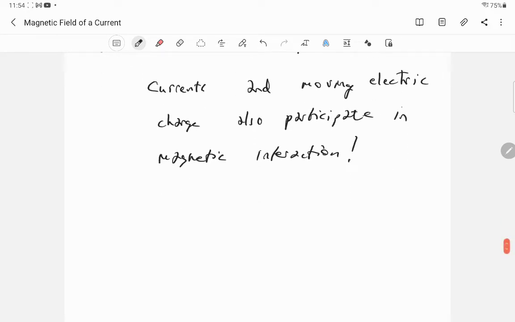So for example, we have these two equations. We have the force on some charge Q. This is the magnetic force law. So you have a charge Q with velocity V. If it's moving through a background magnetic field, this is the magnetic force on the charge Q.